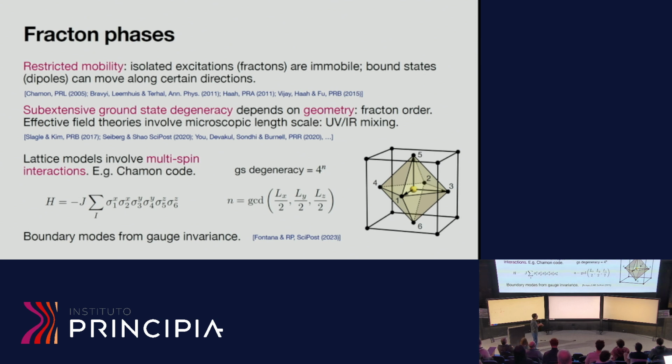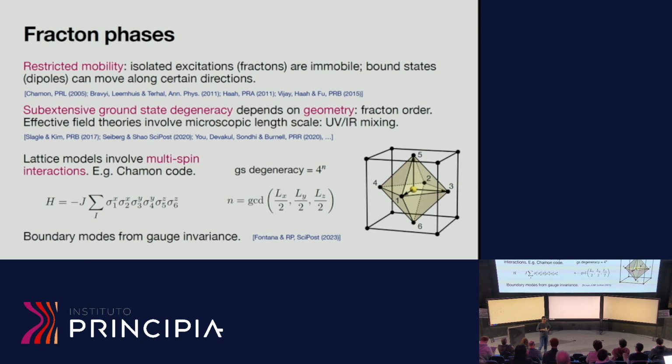which is calculated as the greatest common divisor of the linear system size along the x, y, and z directions. This is something you can get from the lattice model, but also from effective field theories, which are also very useful. These are Chern-Simons-like effective field theories for these fracton phases.